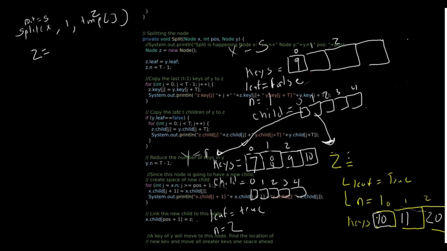Let me see if I can get the split function so I can show you here. Do a trace. Split, split, split. Here. This is where split is. All right.